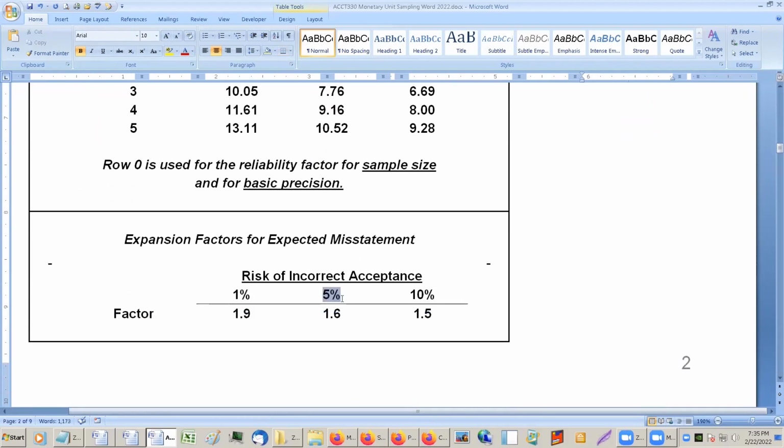Expansion factors are easy because there's only 1 row. And so for that 5%, it's 1.6.